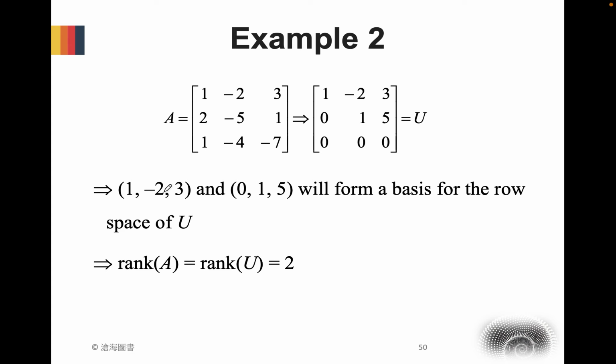Therefore, (1, -2, 3) and (0, 1, 5) will form a basis for the row space of U. And the rank of A is equal to the rank of U, which is equal to 2, because now we have 2 non-zero rows. The rank is 2. Okay?